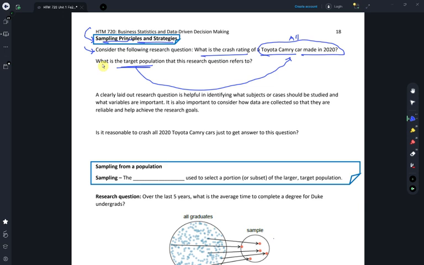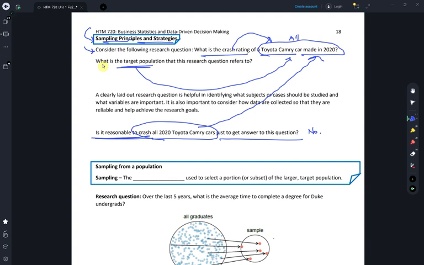And the parameter of interest, or characteristic of this population that we're interested in, is the crash rating of all such cars. Well, do you think it would be reasonable to crash all Toyota Camry cars made in the year 2020 just to get an answer to this question?